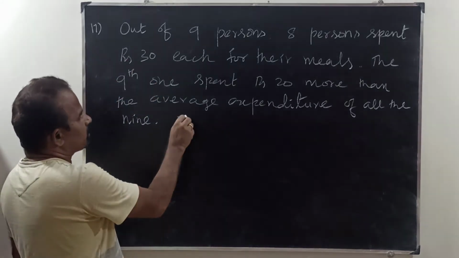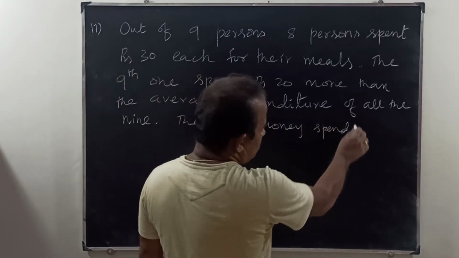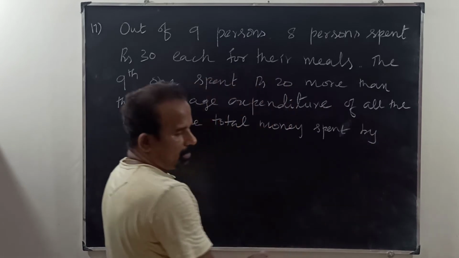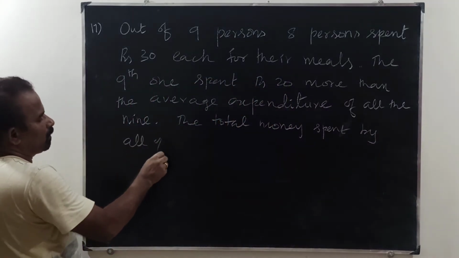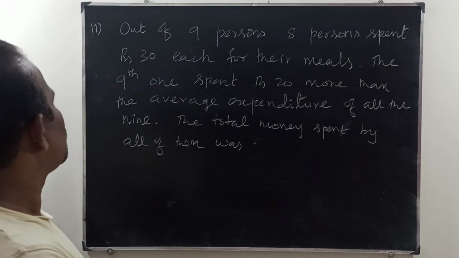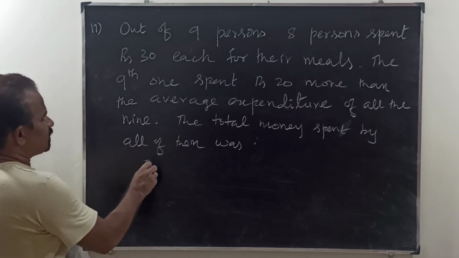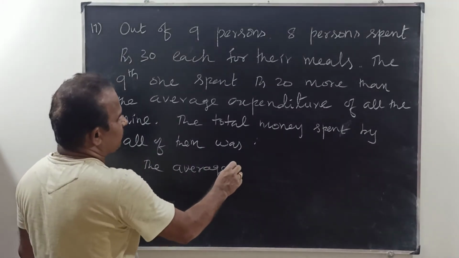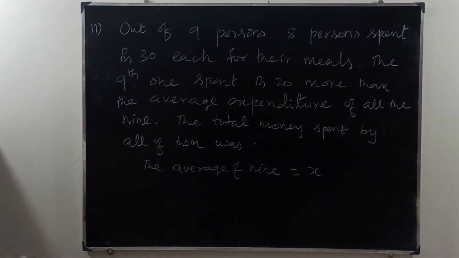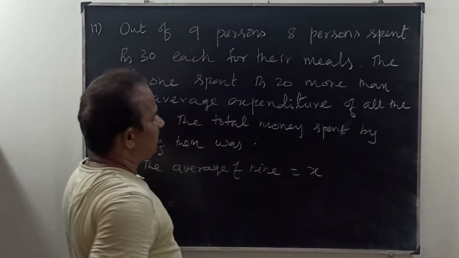The total money spent by all of them was... Here, out of 9 persons, let us take the average expenditure of the 9 persons to be x.